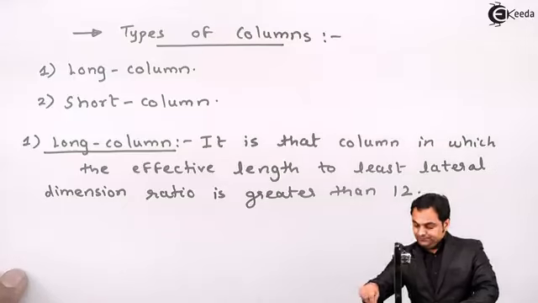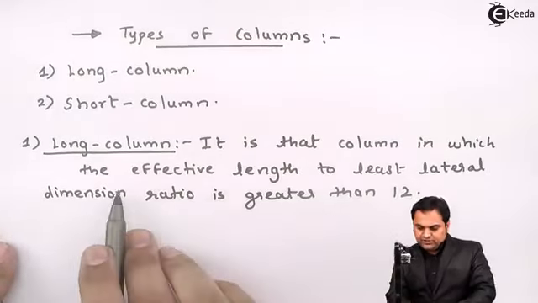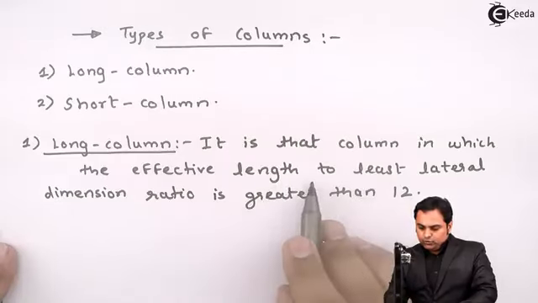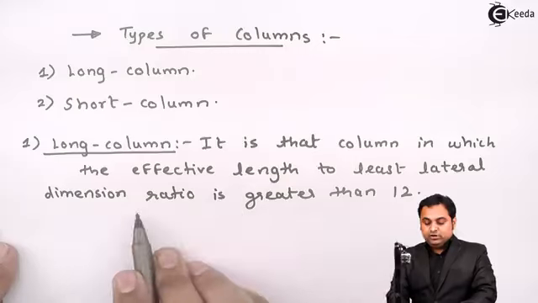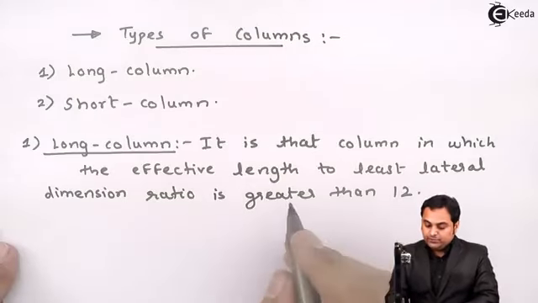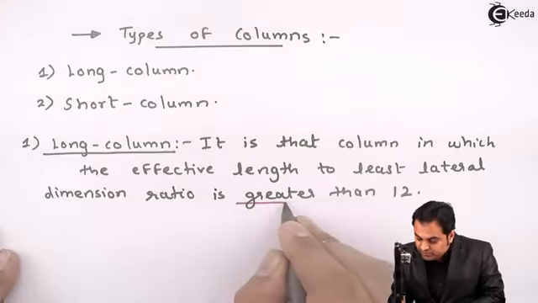So here I have written the definition for the long column. It is that column in which the ratio of effective length to the least lateral dimension should be greater than 12. Then only we will say that it is a long column.